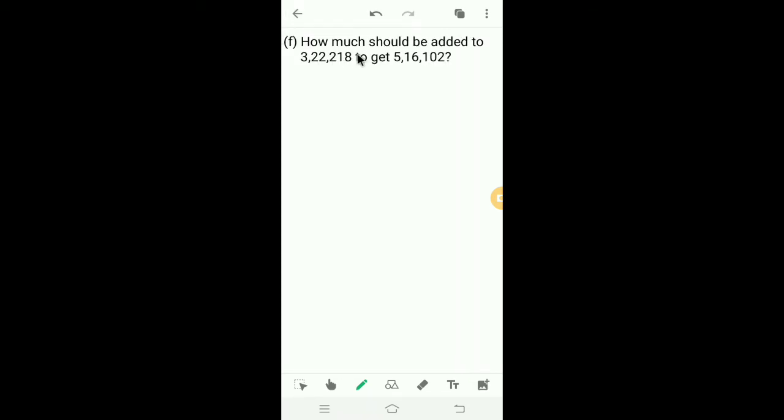Let's solve F1. How much should be added to 3,22,218 to get 5,16,102? Here we have to find out how much should be added to 3,22,218 to get 5,16,102. Let's see the solution. So what we have to do?